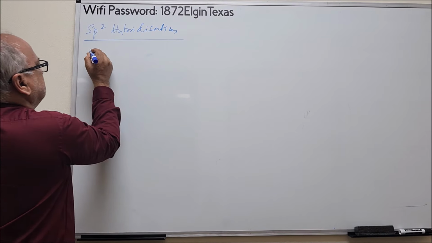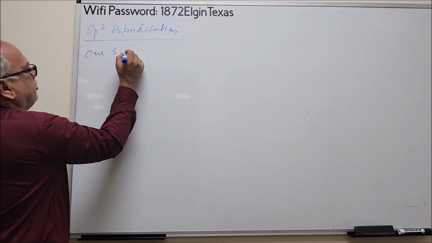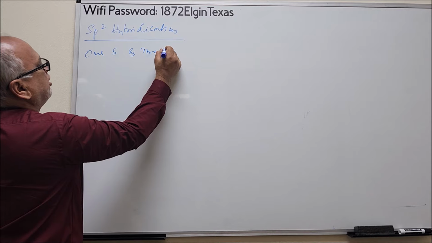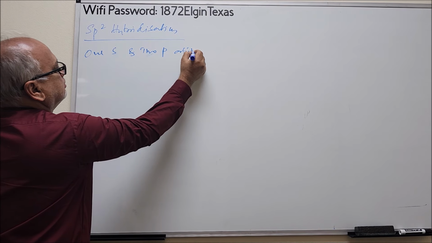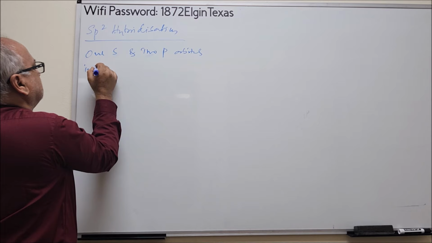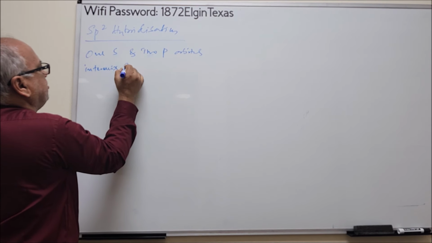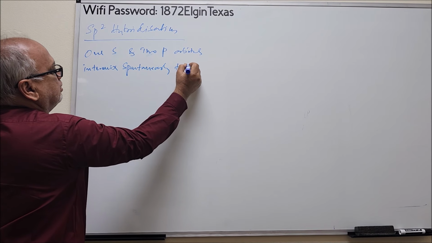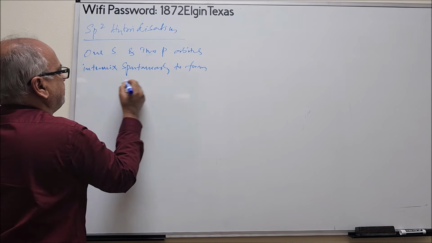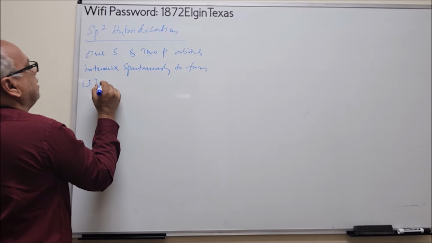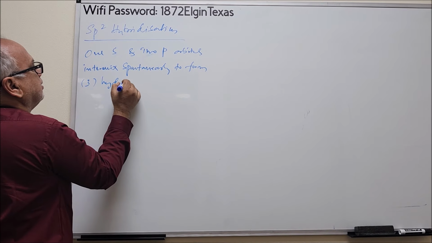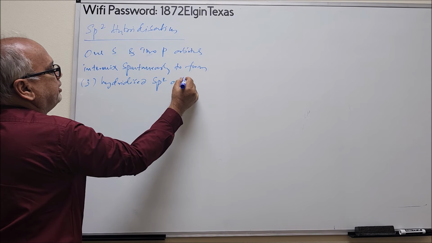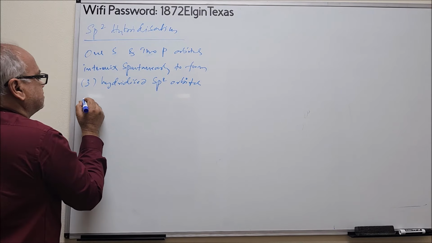In SP2 hybridization, one s orbital and two p orbitals intermix spontaneously to form three hybridized SP2 orbitals.